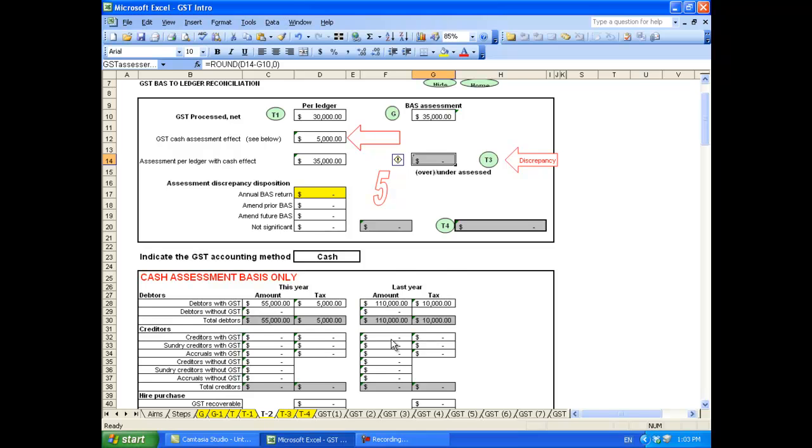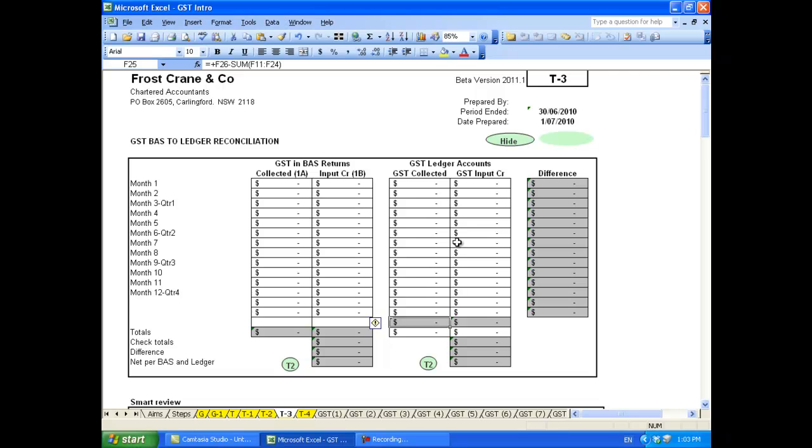That's the fifth step. The sixth step is the schedule that I'm saying is not used much now because it's not really necessary in most cases, but it enables you to reconcile the GST in BAS returns with the GST in the ledger accounts.